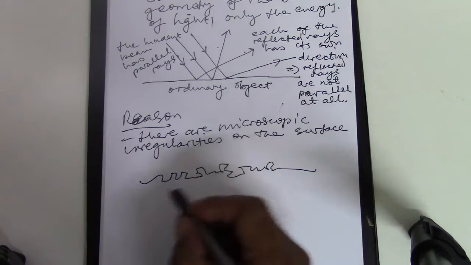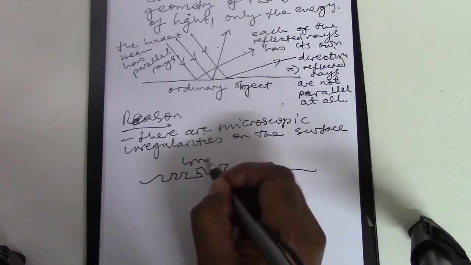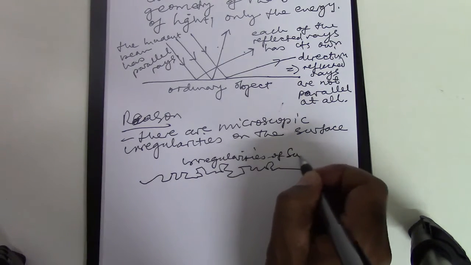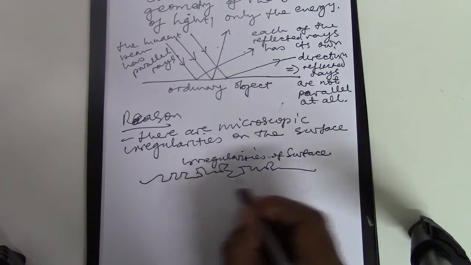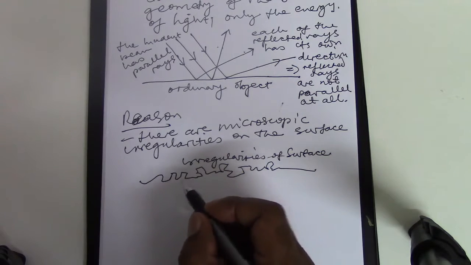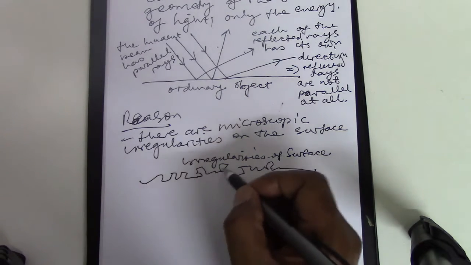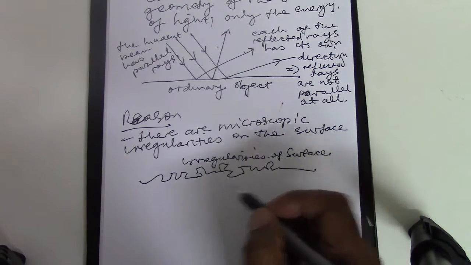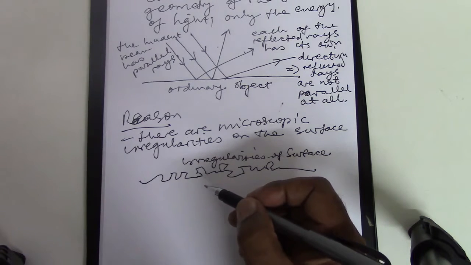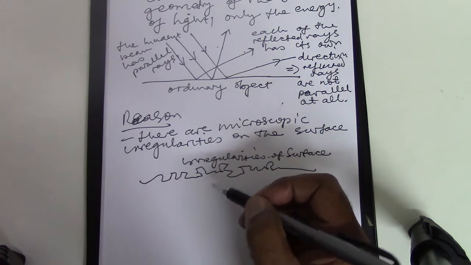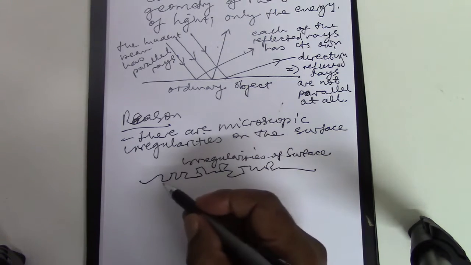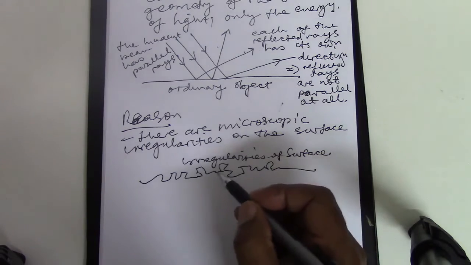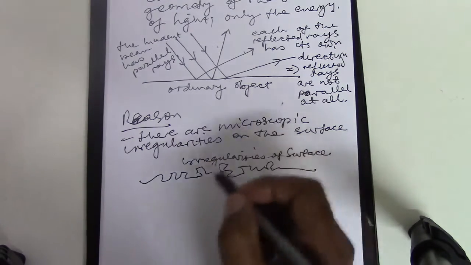But this cannot be seen. These are irregularities of the surface, but they are very microscopic. These are rugged structures on the surface. They are very small. You can't see them with your naked eye. And these rugged ones are what really cause light to reflect in different directions.